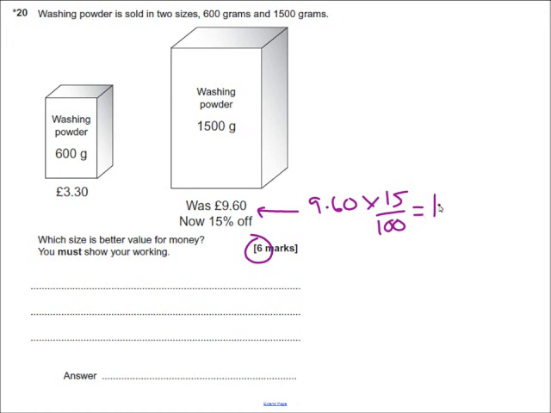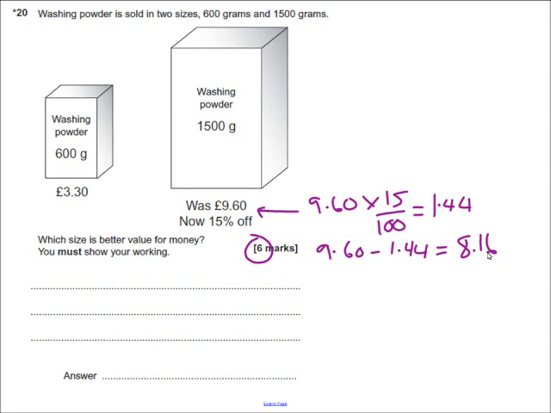And that tells me we need to take off £1.44 from our price. So £9.60 minus £1.44. Again, do it on your calculator, don't take any chances. Gives us £8.16. So the price of the large washing powder is £8.16 for 1500 grams.